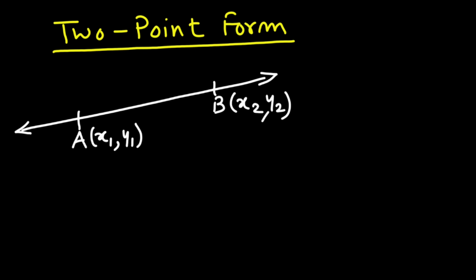First, by using the coordinates, we will find the slope of this line. So slope m will be the difference between y coordinates, that is y2 minus y1, upon the difference between the x coordinates, x2 minus x1.